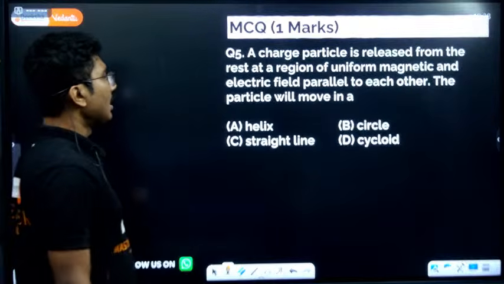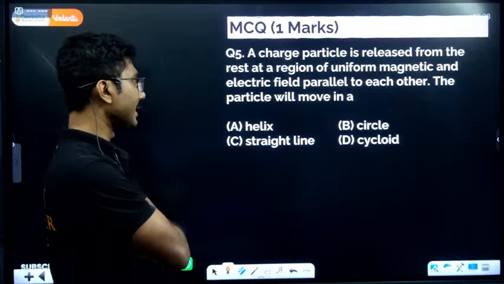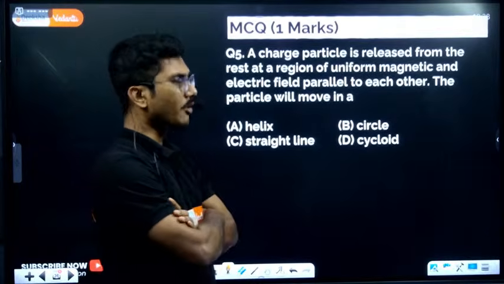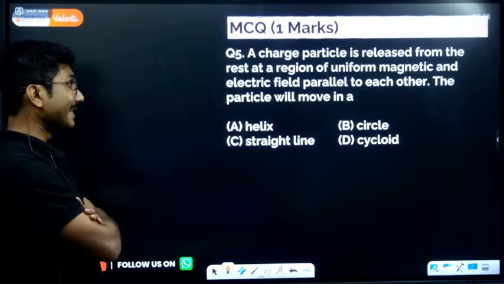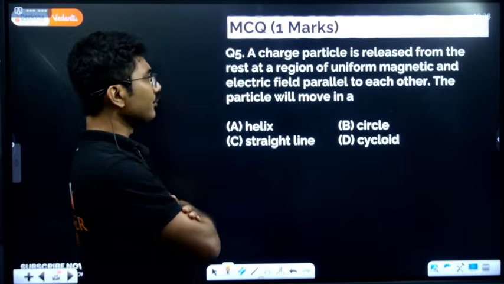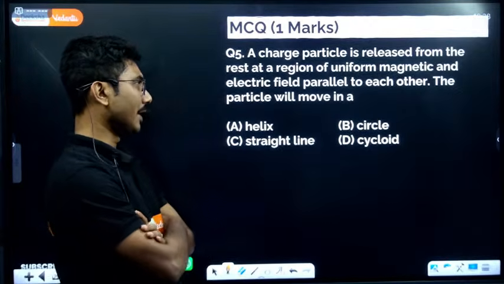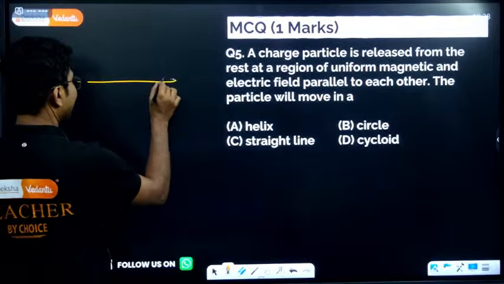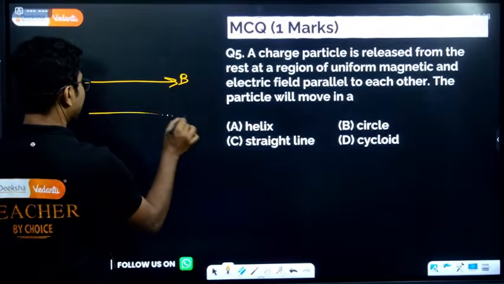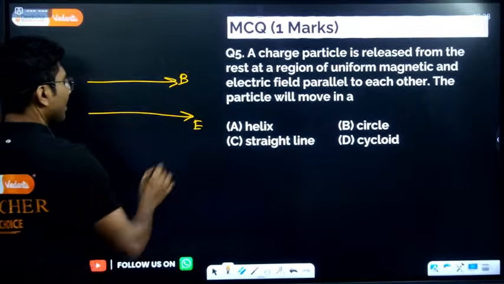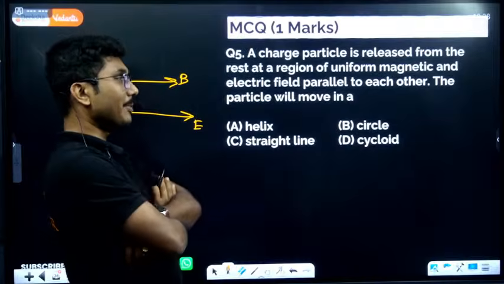Next, a charged particle is released from rest in a region of uniform magnetic and electric field parallel to each other. The particle will move in a what? Here the magnetic and electric fields are both parallel to each other, not perpendicular.